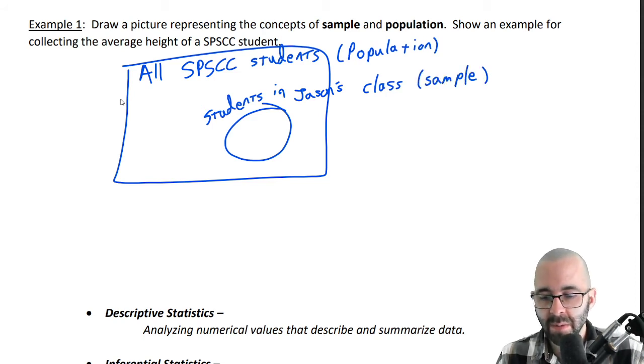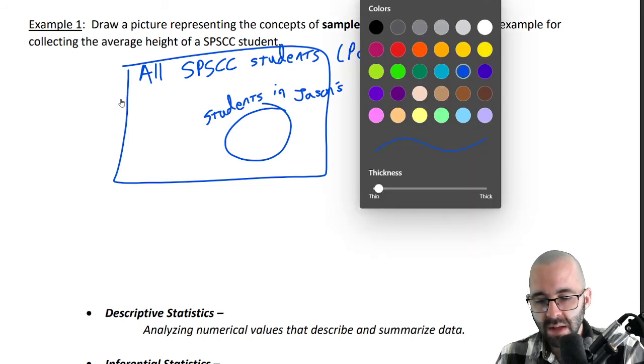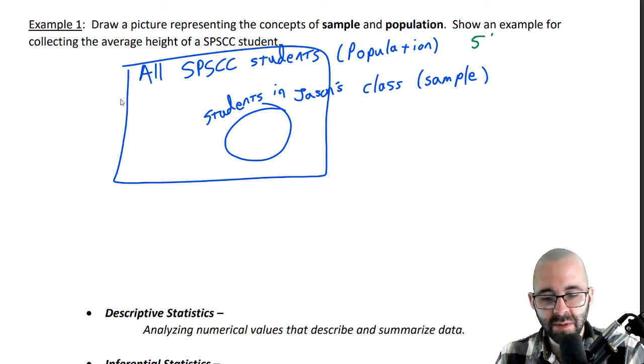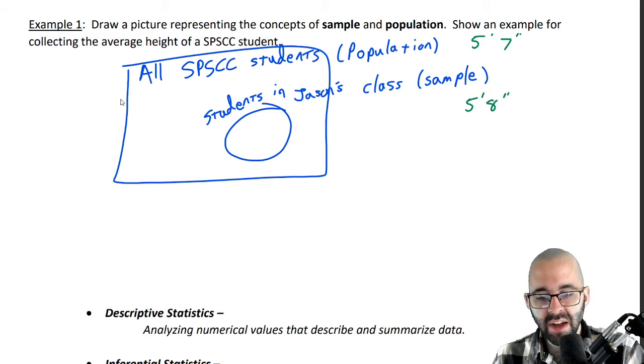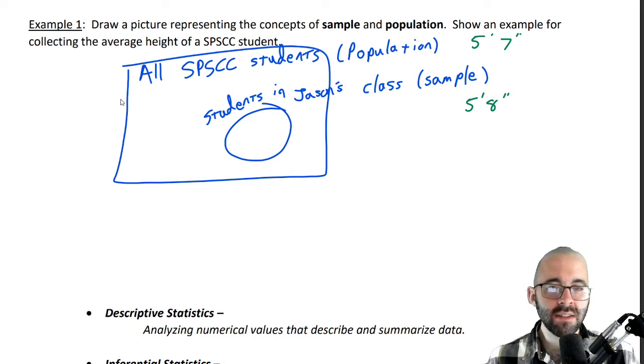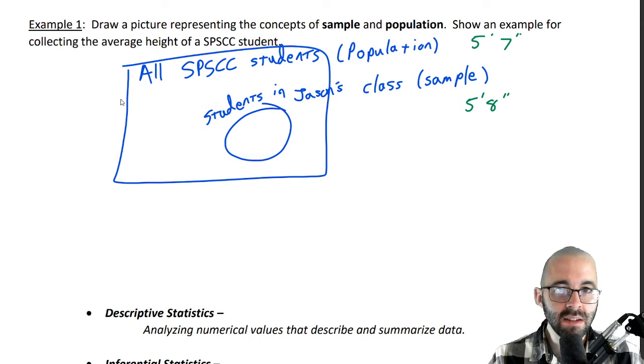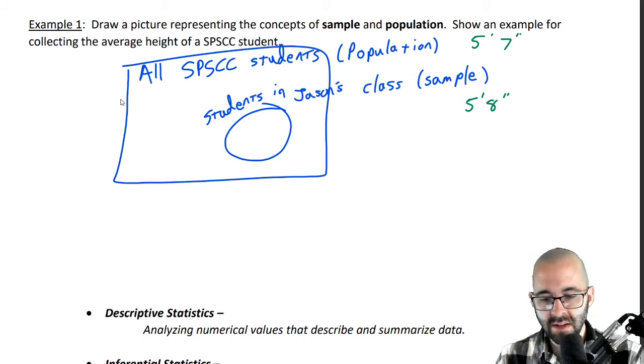Maybe everyone at SPSCC came out to be like 5'7", but the students in my class, maybe all y'all are a little taller, maybe the average in my class was 5'8". So in general, whenever we take a sample, that's going to be random depending on who we ask. And that randomness of taking that sample is going to be a big core theme of this course.